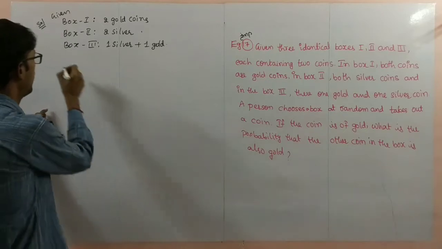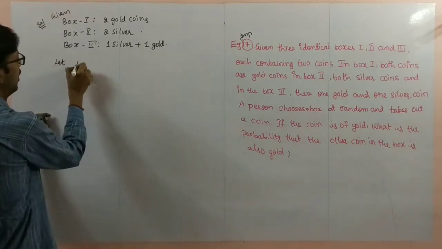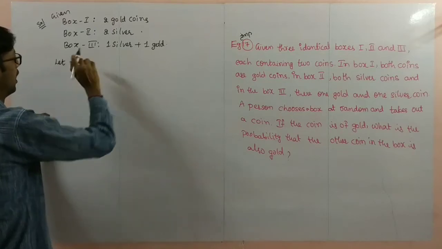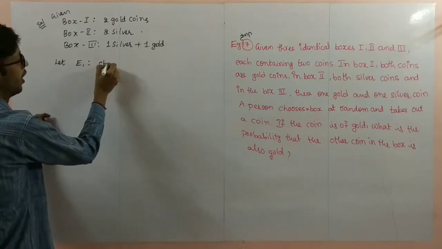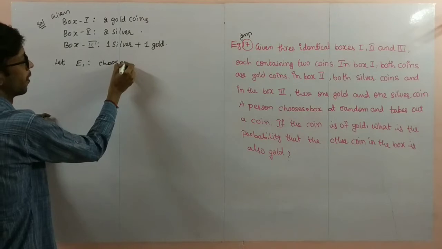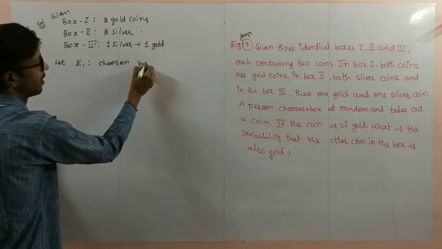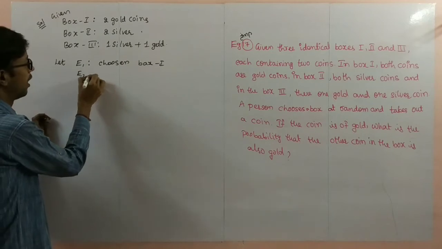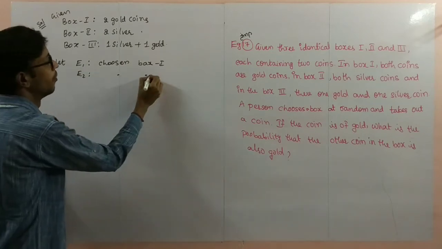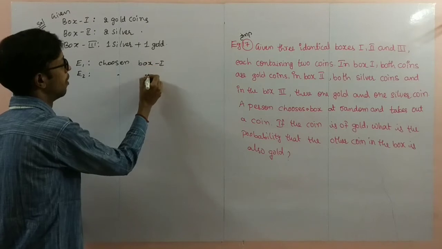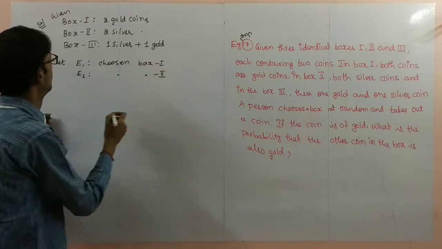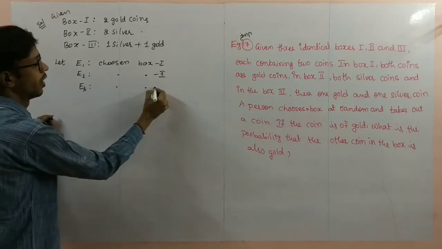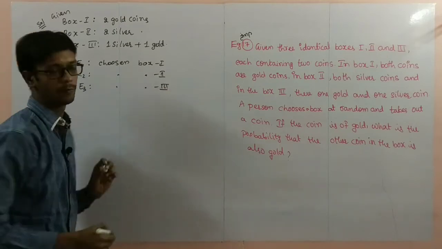So now the events I'll take. Let E1 be the event of choosing box 1. E2 be the event of choosing box 2. Next, E3 be the event of choosing box 3.